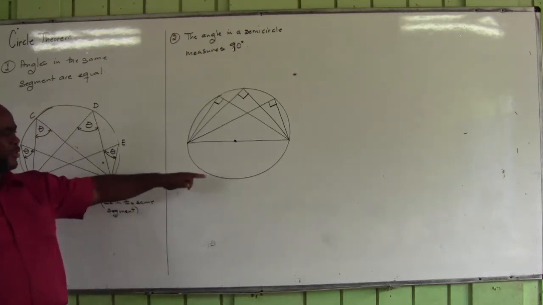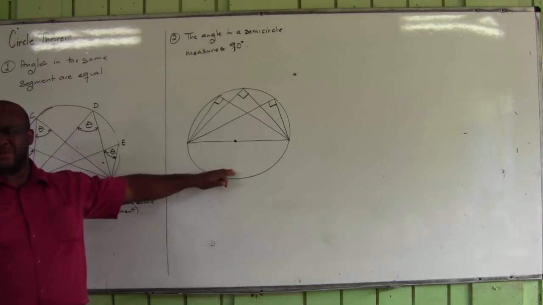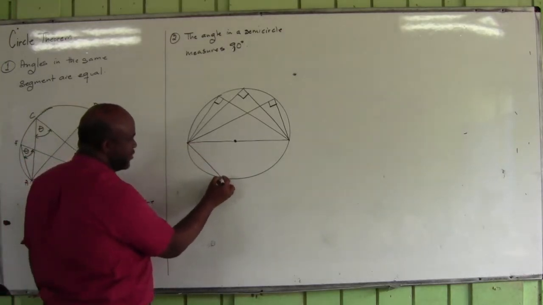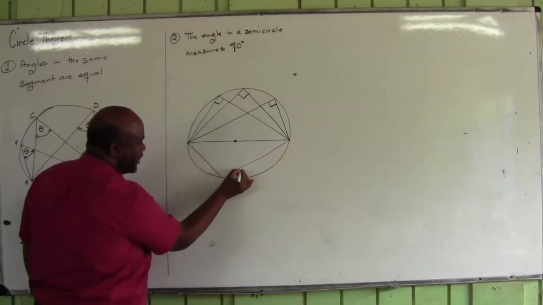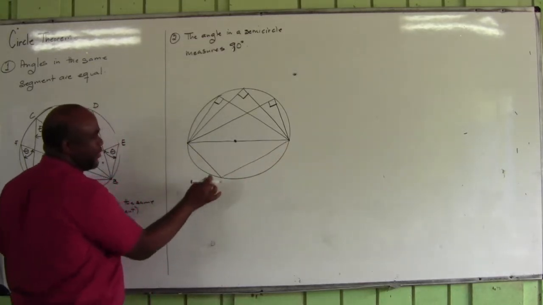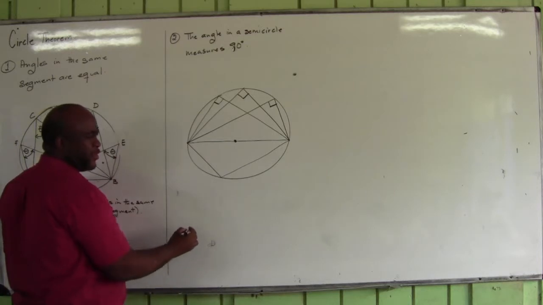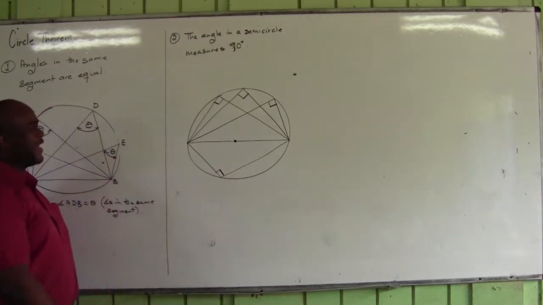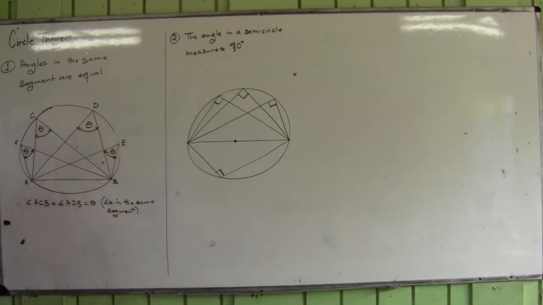Would you agree with me that down here is also a semicircle? Yes, sir. Talk to me now. So if I do this, and then like that, how much does this angle measure? 90. This angle is 90 degrees. It is angle in a semicircle.